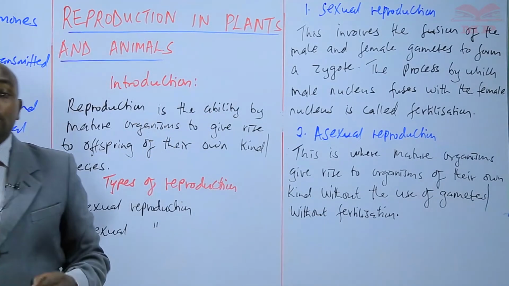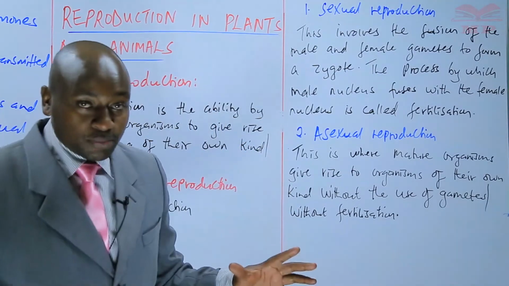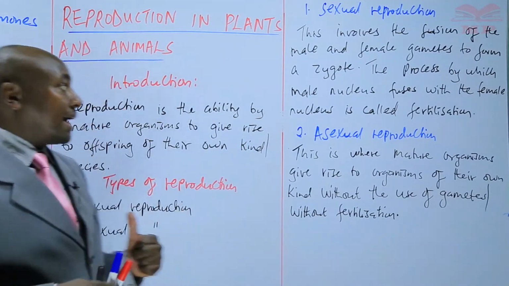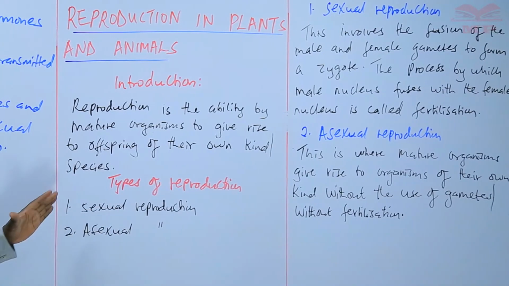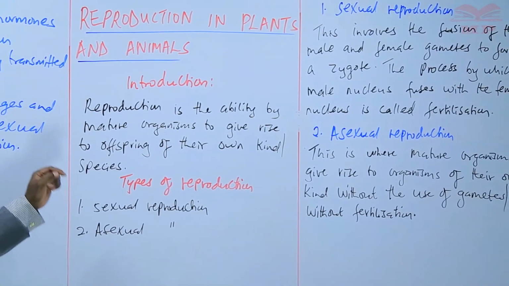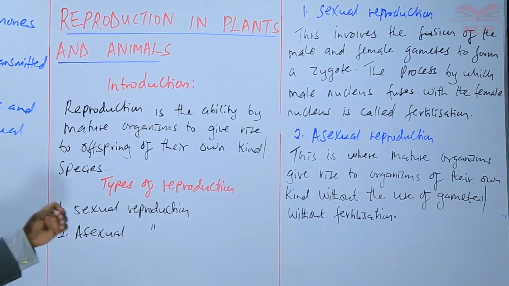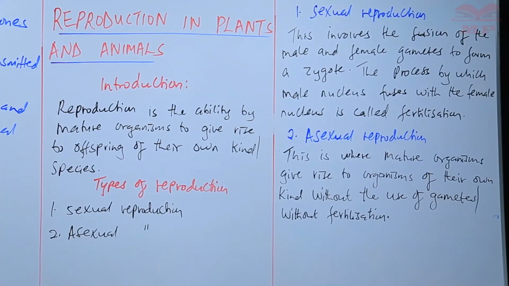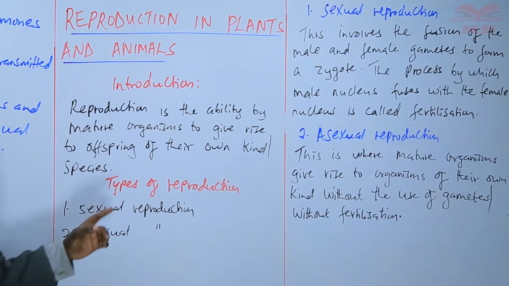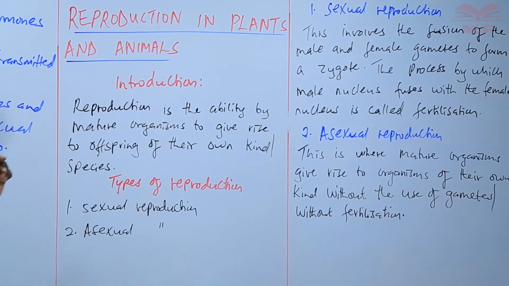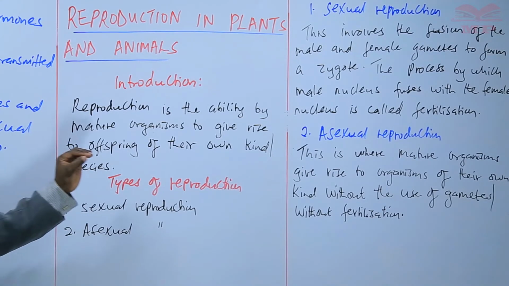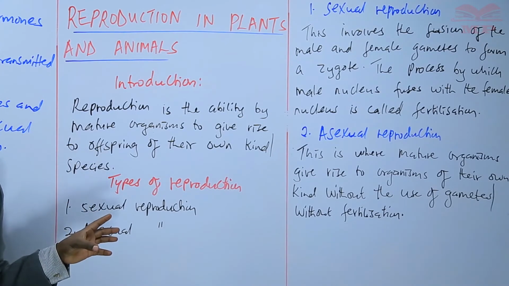So basically for today, we have gone through the objectives of the entire chapter, what we shall be expected to learn. And then we have also introduced the meaning of the term reproduction, which is a characteristic of all living organisms. We have stated that it's the ability by mature organisms to give rise to offspring of their own kind or of their own species.